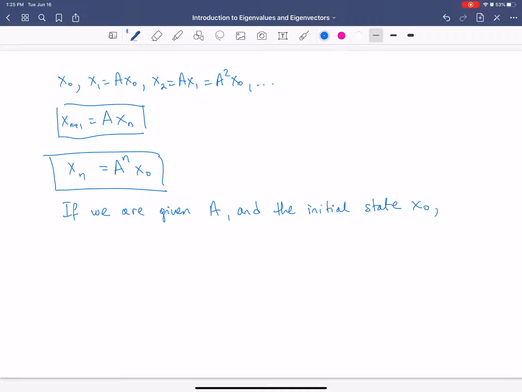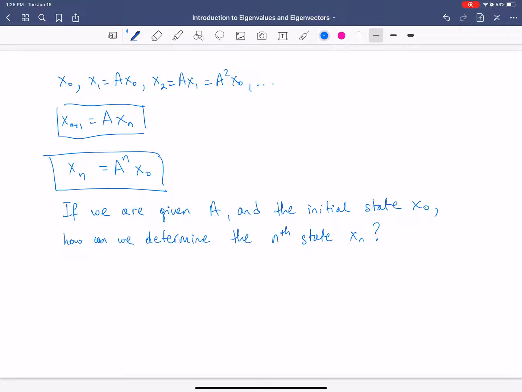So if we are given A and the initial state x0, how can we determine the nth state xn? Well, you'd say, that's simple. Just multiply by A n times, or compute the matrix A to the power n.